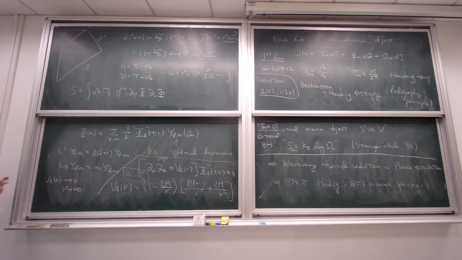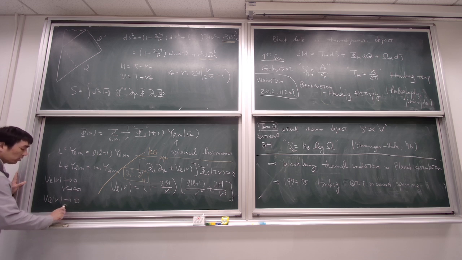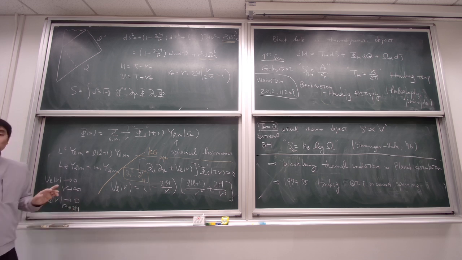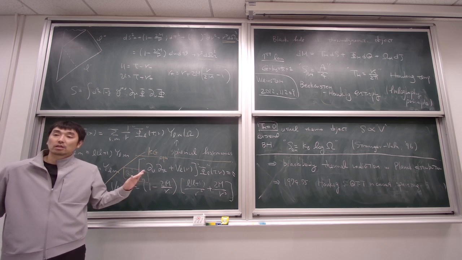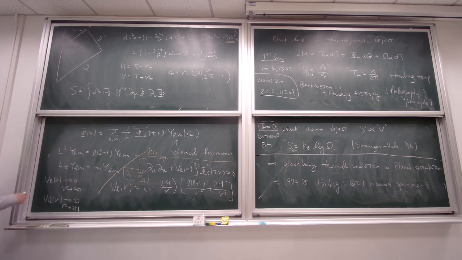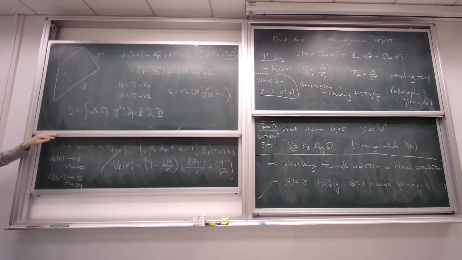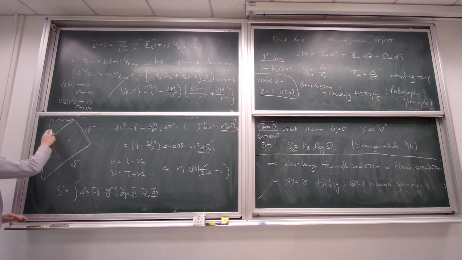There's another limit: the potential also goes to 0 when r goes to the horizon, r equal to 2m, because the first term becomes 0. So in the two extreme regimes, at infinity or at the horizon, the potential becomes 0.